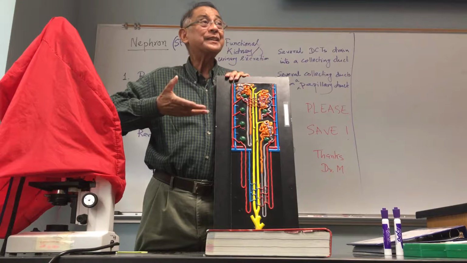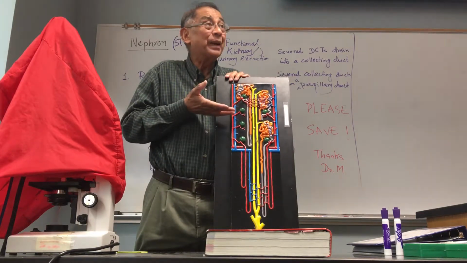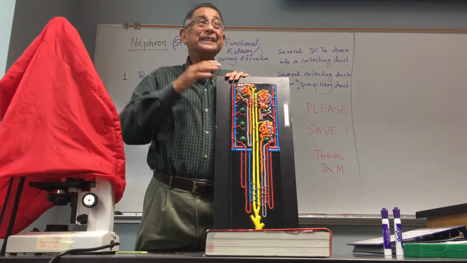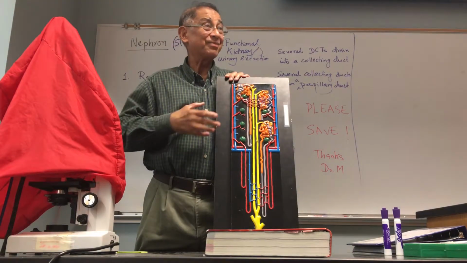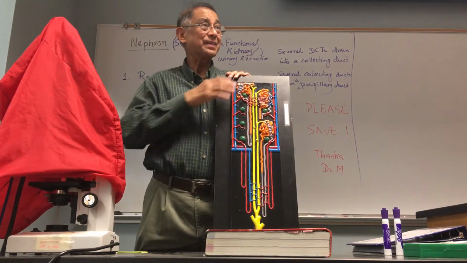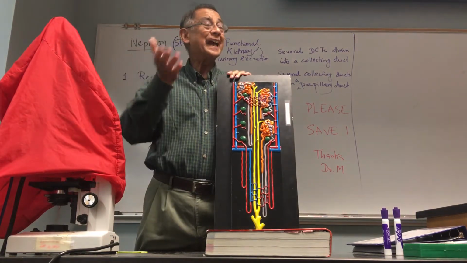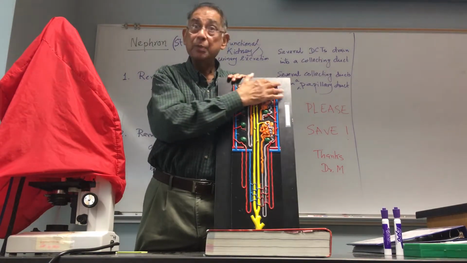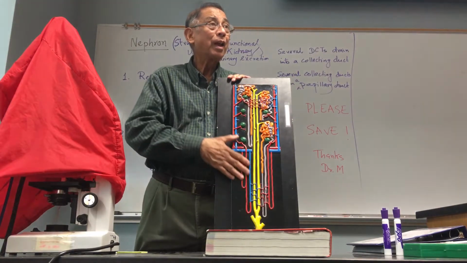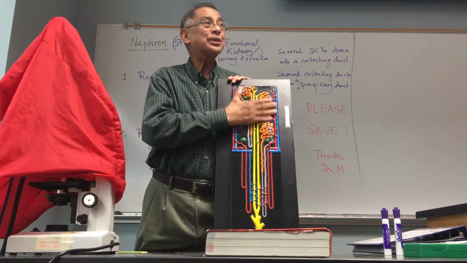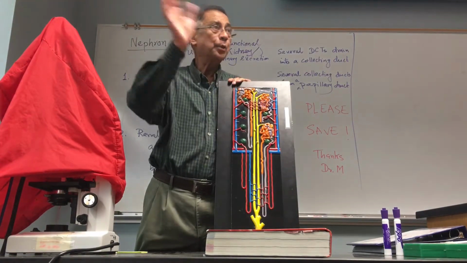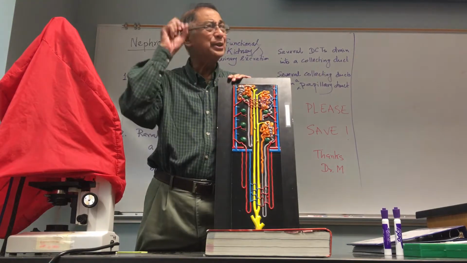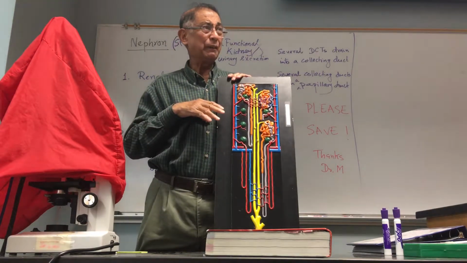The toxic substances will accumulate, will remain in the system, and that is detrimental. And for that, what is a temporary relief? It would be dialysis, through hemodialysis, by removing wastes and adding nutrients through an artificial kidney or kidney machine. And the permanent solution would be a transplant, isn't it? But anyway, you are going to learn about that, but I just gave you some information so that you can relate, okay, for your benefit.